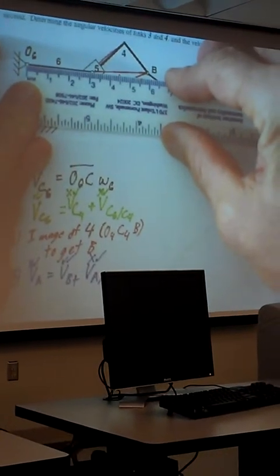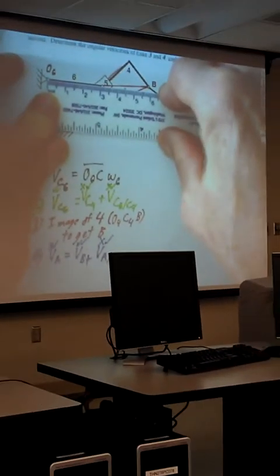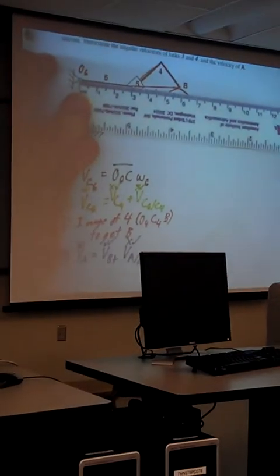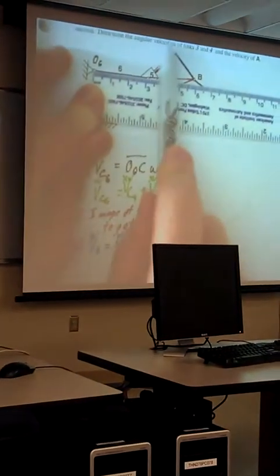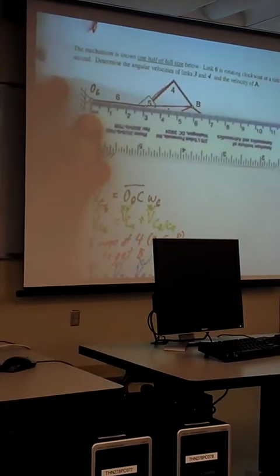I'm going to measure the length of OC, measuring 31, but we have a scale factor of 1/2 up here. So that means I need to double it. So I'm going to put 62.